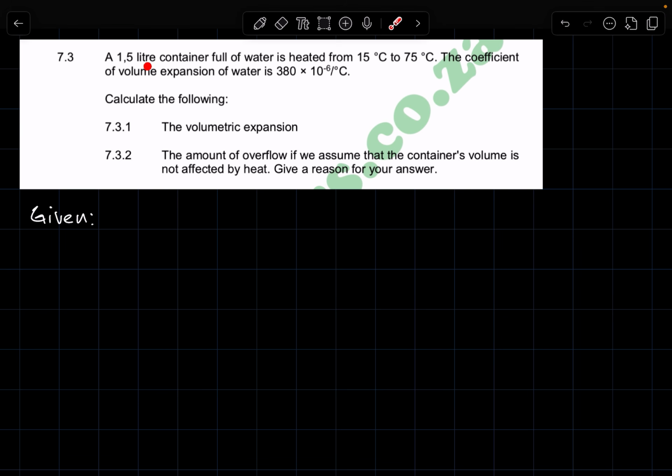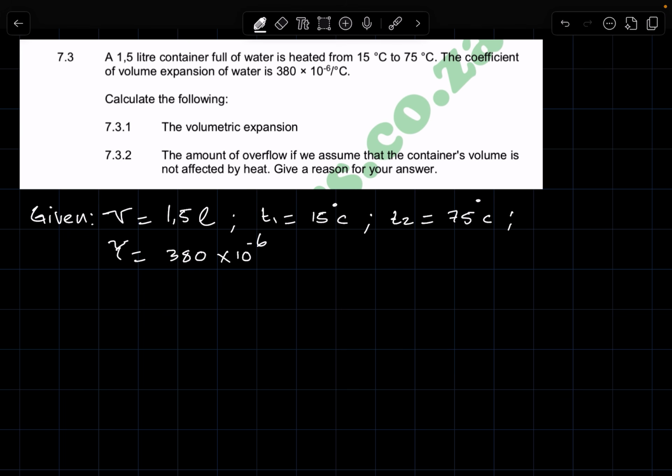So we have the volume, which is 1.5 liters, and then we have T1, which is 15 degrees C. We have T2, which is 75 degrees C. We have gamma as well, the coefficient of volume expansion, which is that gamma we talked about, is 380 times 10 to the negative 6 of water, per degree C. That is all we've been given.